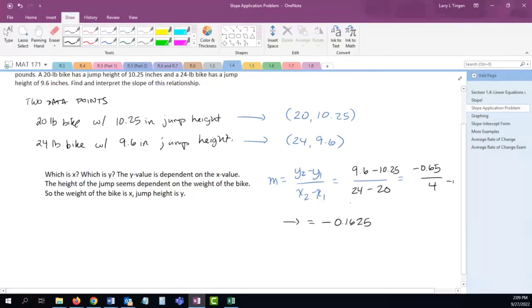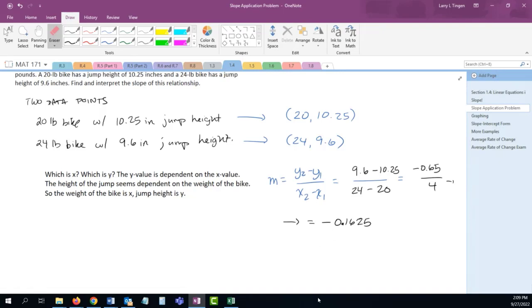Well, this is an application problem, so I can actually get the units. Yeah, no, I had the top flipped. You were right. So what does this mean in terms of a general problem? Well, this means for every increase of 1 unit in the x direction, I decrease the y by 0.1625.